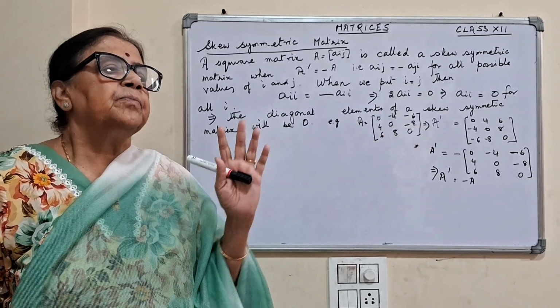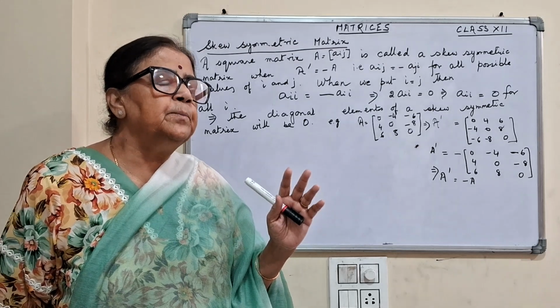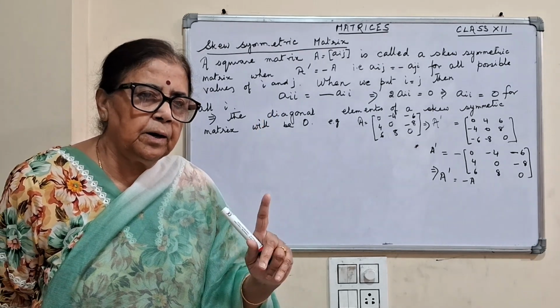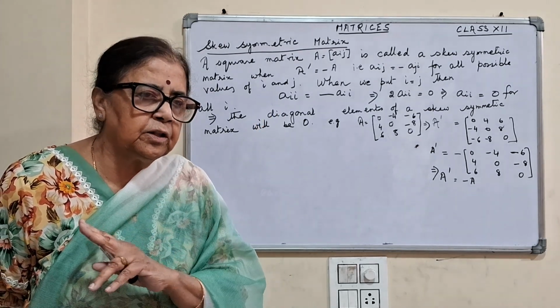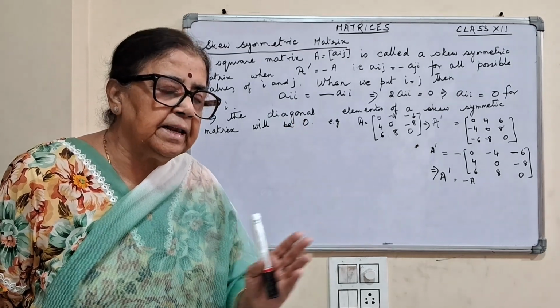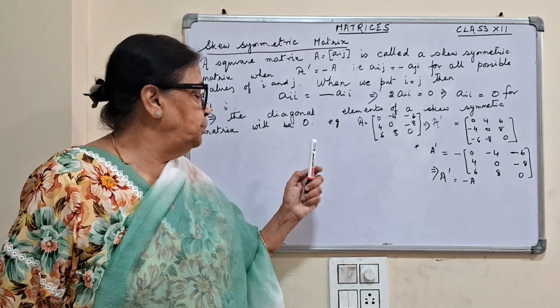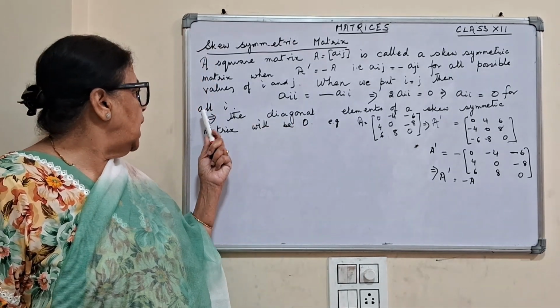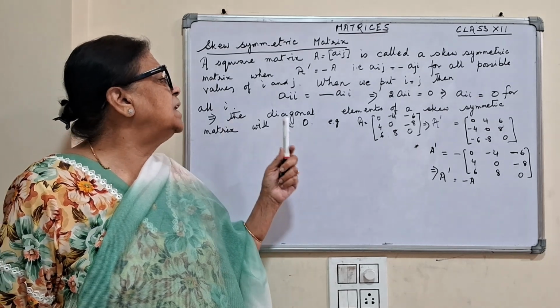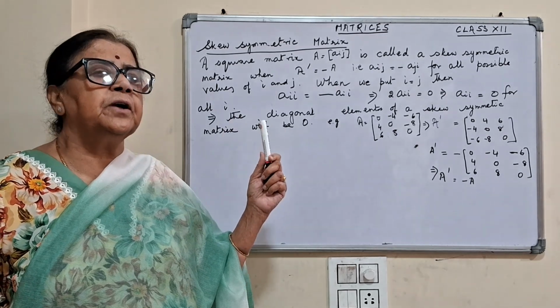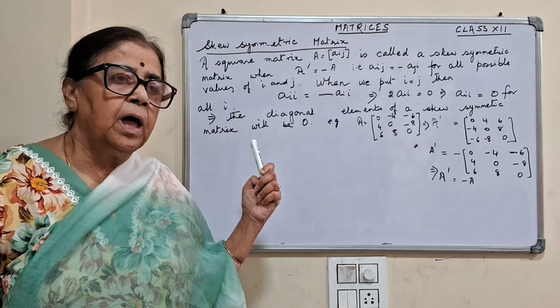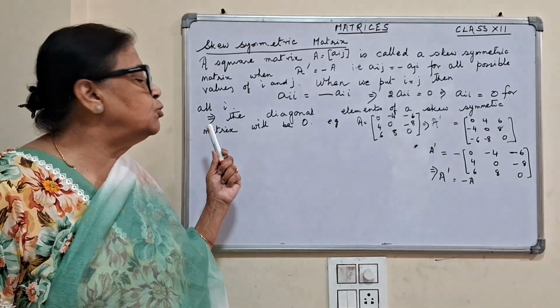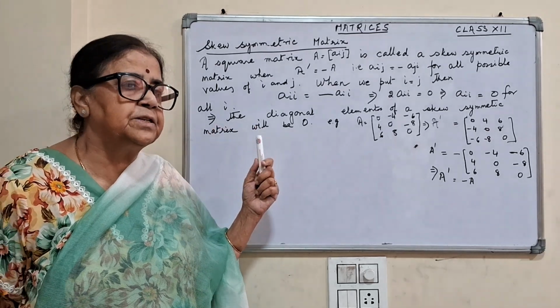That means the elements a11, a22, a33 and so on, these are all diagonal elements, for all i. The diagonal elements of a skew symmetric matrix are always 0.